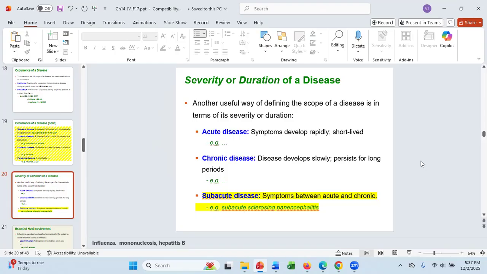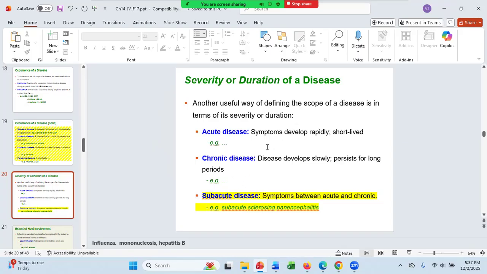A few days after obtaining the virus, you come down with signs and symptoms. The viral load becomes very heavy, very quickly, and then the virus load drops very quickly, and the patient quickly recovers.